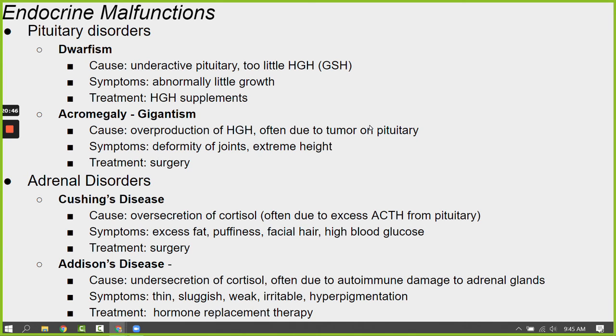There's also some common or somewhat common diseases of the pituitary gland. One thing the pituitary gland produces is growth hormone. Human growth hormone is important. It's important for you guys right now, probably, as your body grows from childhood to adulthood.